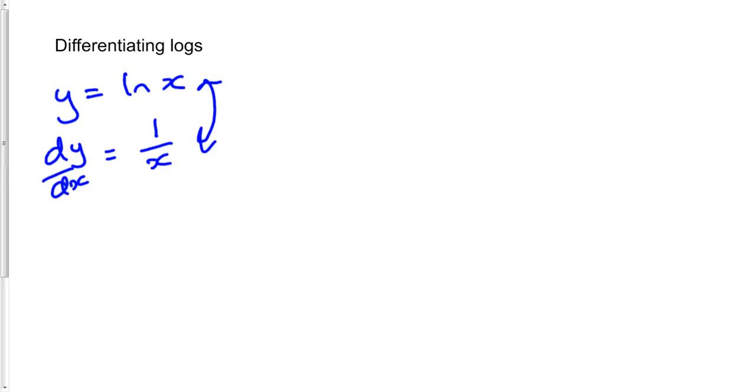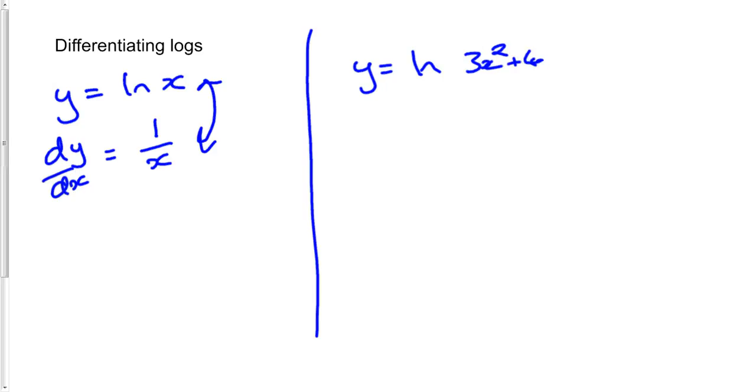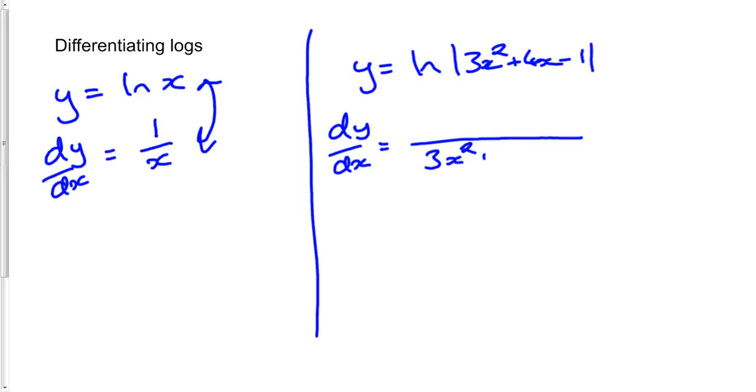And the way it differs slightly is if you've got y equals log of, say, 3x squared plus 4x minus 1. Let's say you've got the log of all of this. When you differentiate it, dy by dx, on the bottom you're going to have 3x squared plus 4x minus 1.